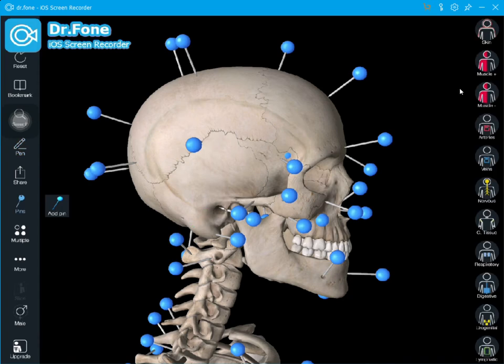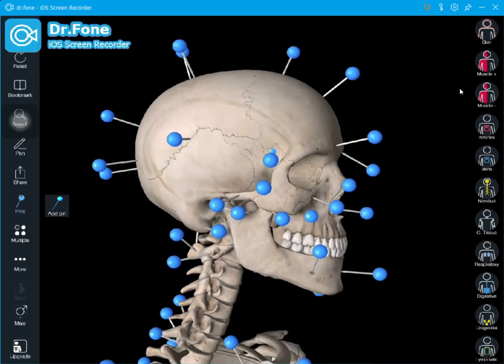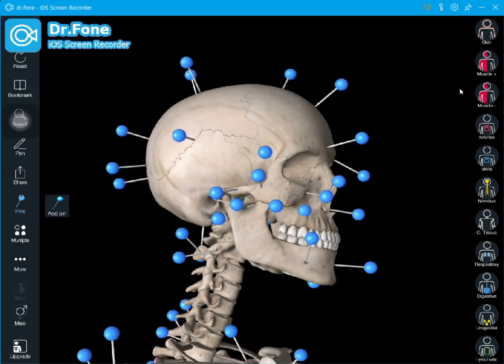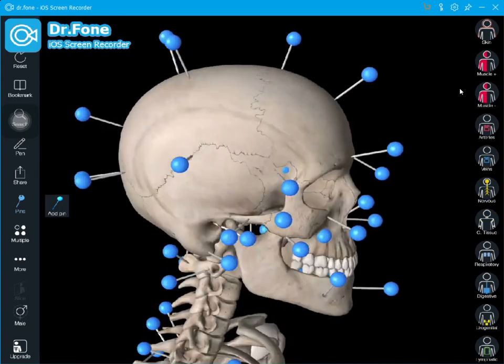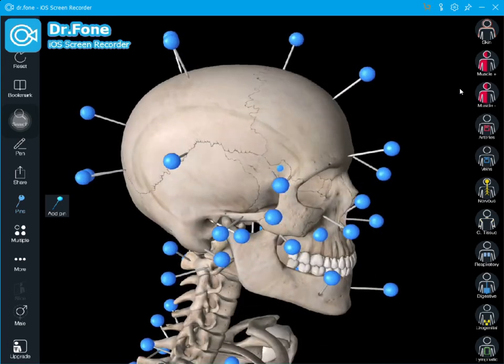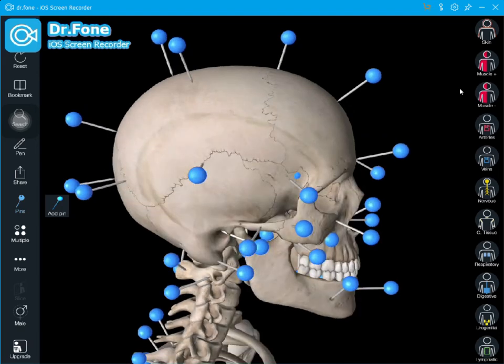Next, this right here would be the sphenoid bone. And then right below the sphenoid bone, this would be the temporal process of the zygomatic bone, which means the one right next to it would be the zygomatic process of the temporal bone.